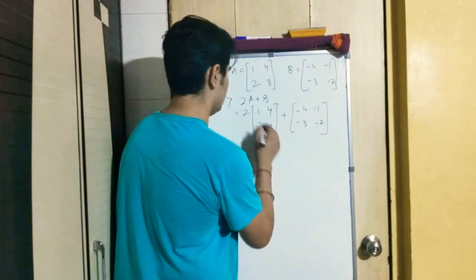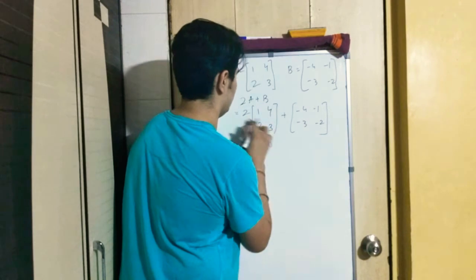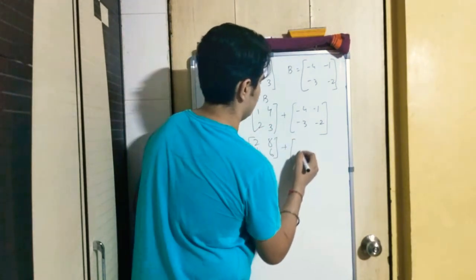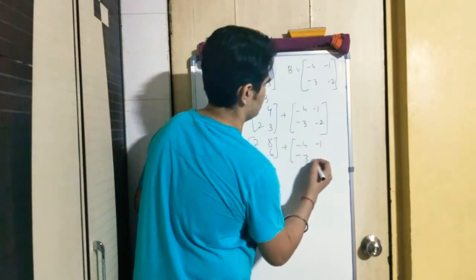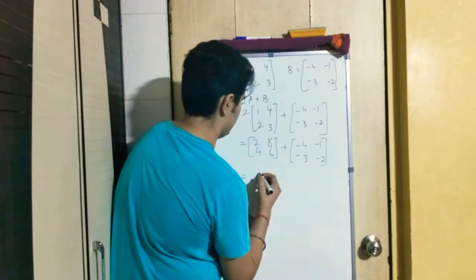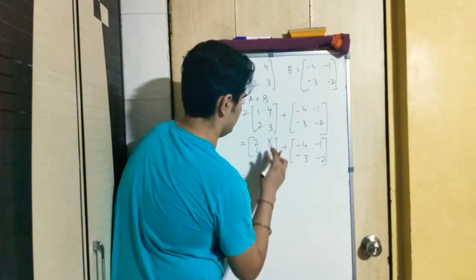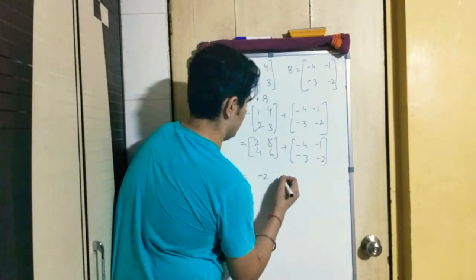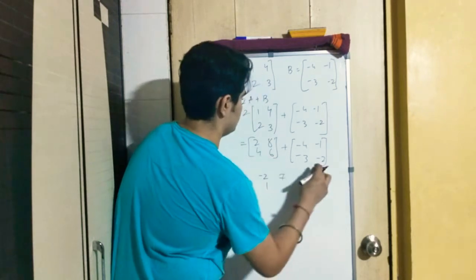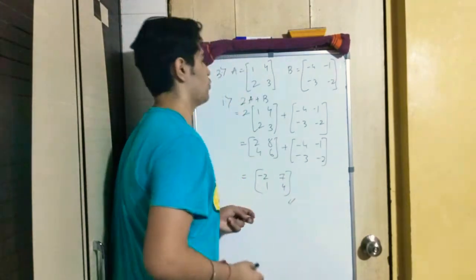So 2 ones are 2, 2 fours are 8, 2 twos are 4, 2 threes are 6, plus minus 4, minus 1, minus 3, minus 2. 2 plus of minus 4, so 2 minus 4 is minus 2. 8 minus 1 is 7, 4 minus 3 is 1, 6 minus 2 is 4. You can copy it down.